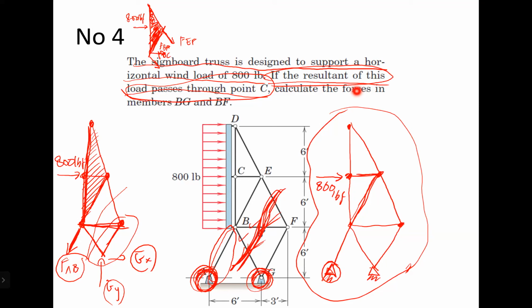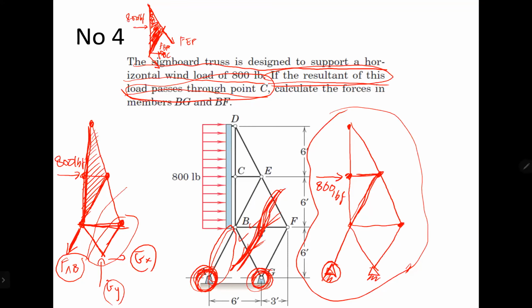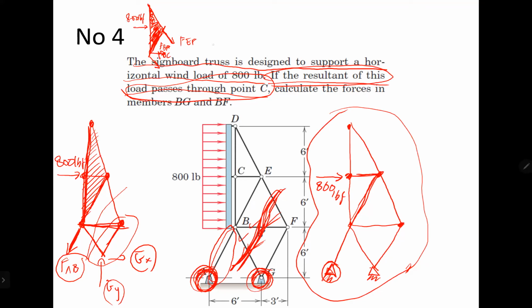You can use the top one, but you can use the bottom as well. But the bottom one will be left with only member GF. Correct, right? Yes, sir. This one will be Gy, Gx.